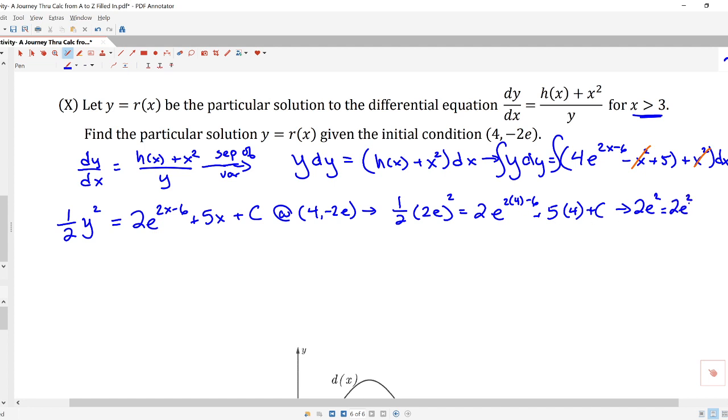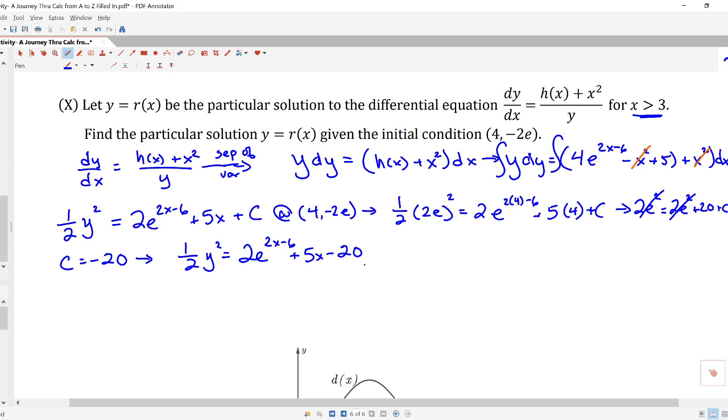And again, this is an example of how nice they can sometimes be, plus 20 plus c. So the 2e squareds cancel. So we can see here that c would come out to be negative 20. So we go now back to our equation with the plus c in it, and we substitute in the minus 20.